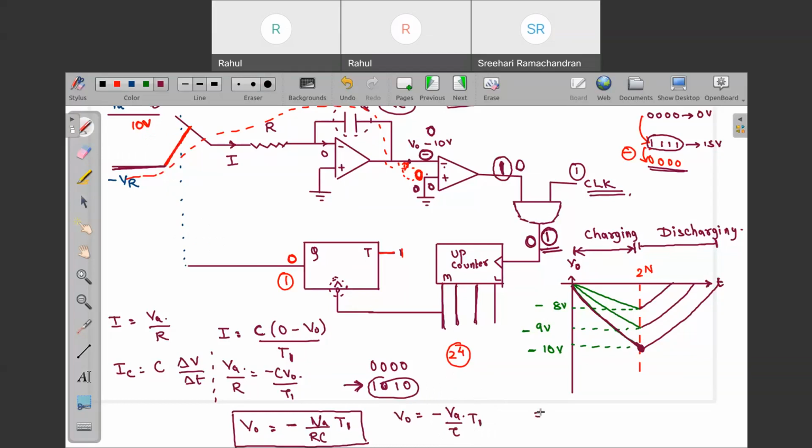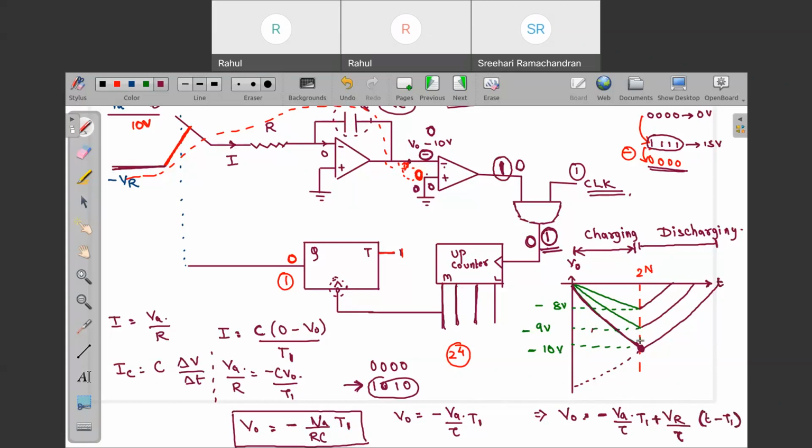Now while discharging, use this equation and extend it backward. It will be equal to minus VA by tau T1 plus VR by tau, and over here this is T minus T1.